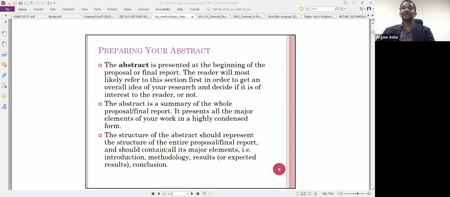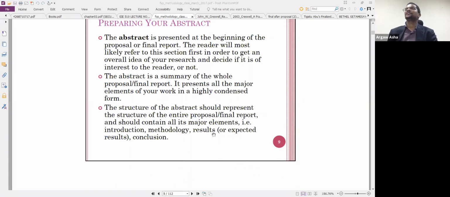If someone reads your summary correctly, then they can understand what type of work is included inside your work. In the abstract, the most important things are the introduction part as well as the methodology part. Then the results and the discussion should be included, especially if it is a final work or final paper.